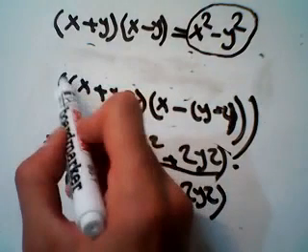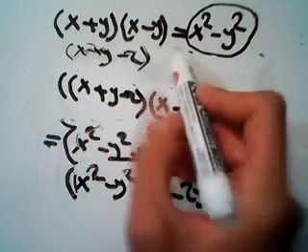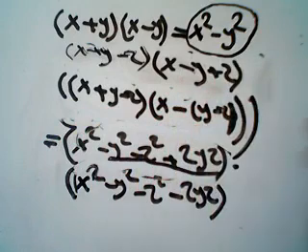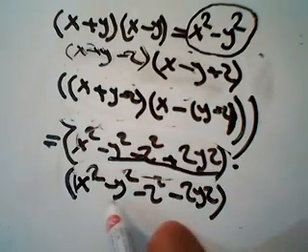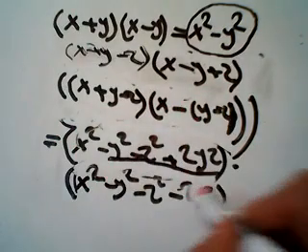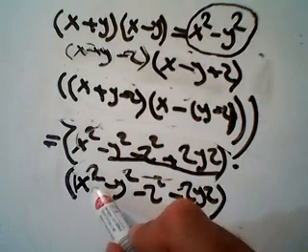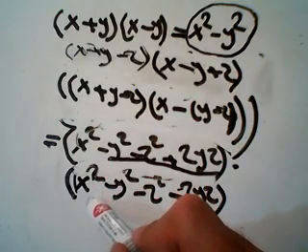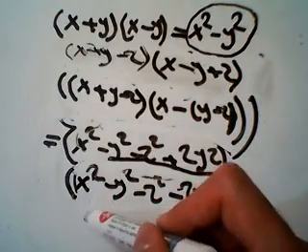And this is x plus y minus z times x minus y plus z. We could do the same thing for the second parenthesis. Okay.